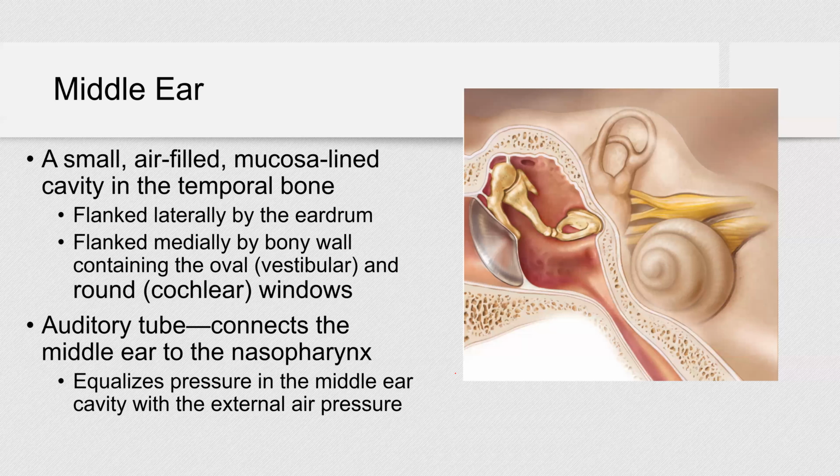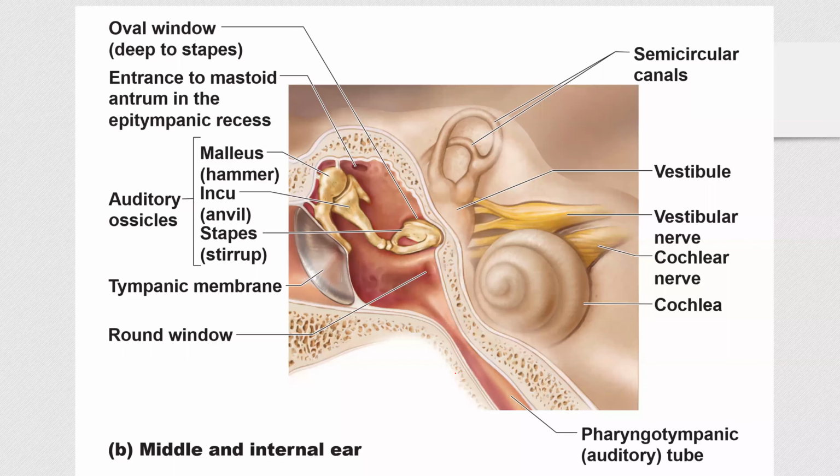That's the middle ear in more detail here. Tympanic membrane, and the three auditory ossicles are called the malleus, right there, the incus, this little bone, and the smallest, the stapes. The stapes is connected to the oval window. Here you can see the round window. Also, you can see that those little ossicles are connected through joints.